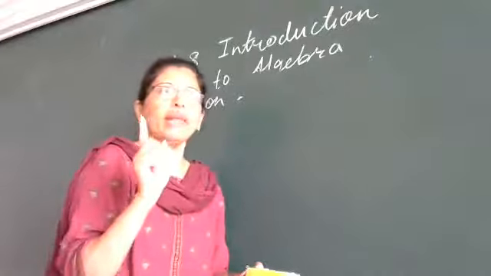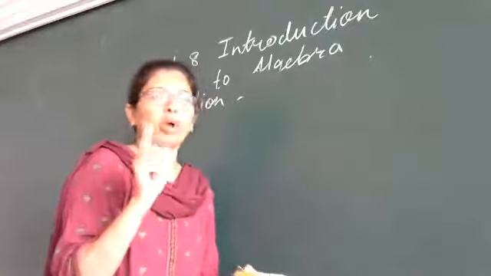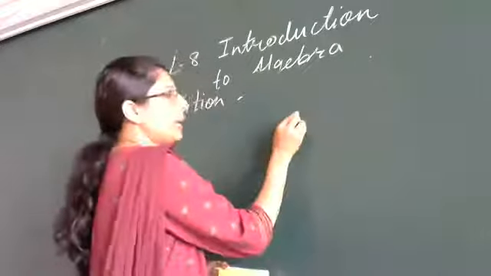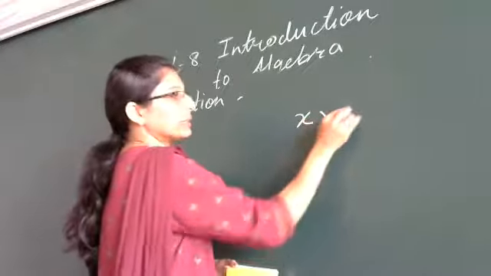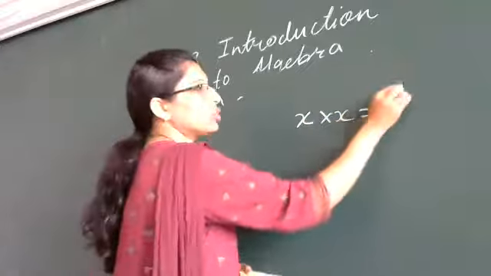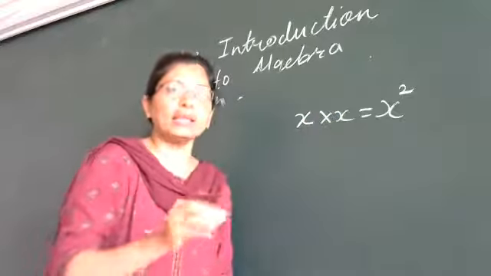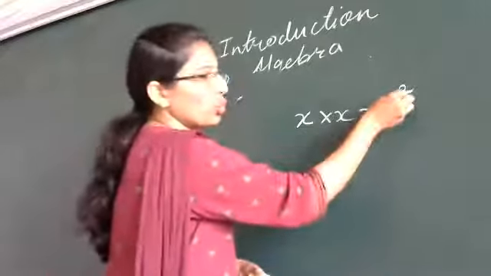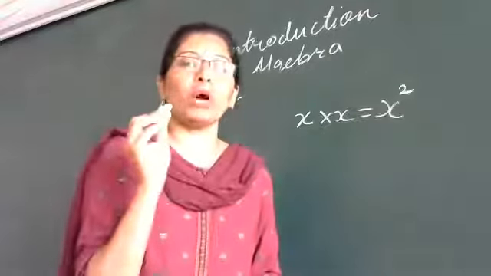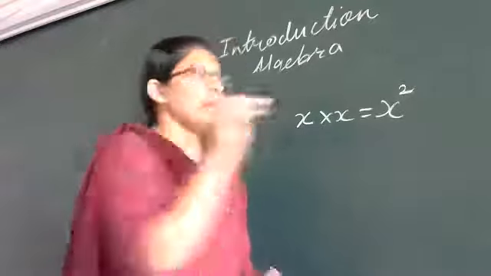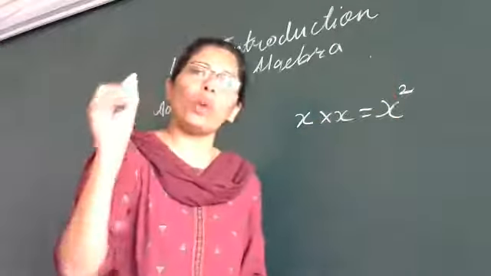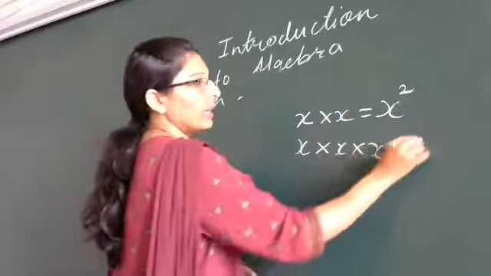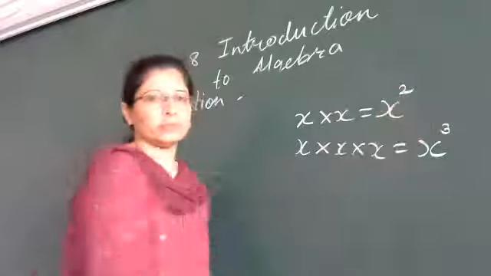Okay, so whenever any variable or any number is multiplied 2 times, for example x into x, we can say as x square, or we can say like this also, x raised to 2 or x to the power of 2. When x is multiplied 3 times, it is x cube.